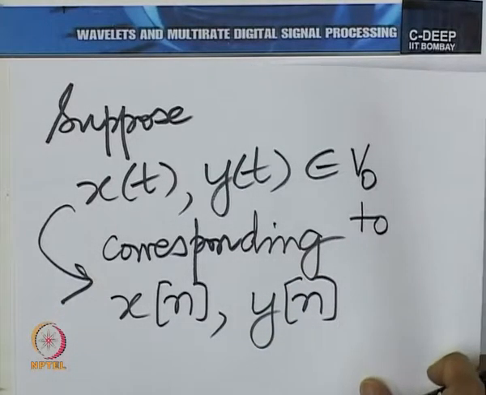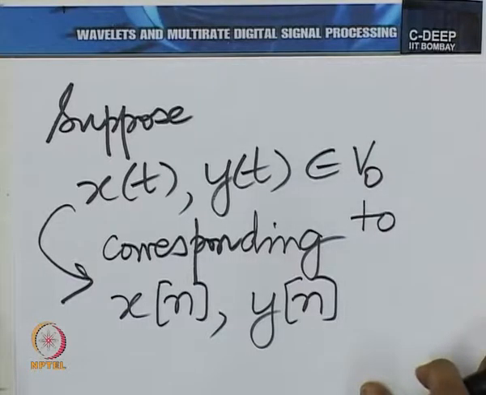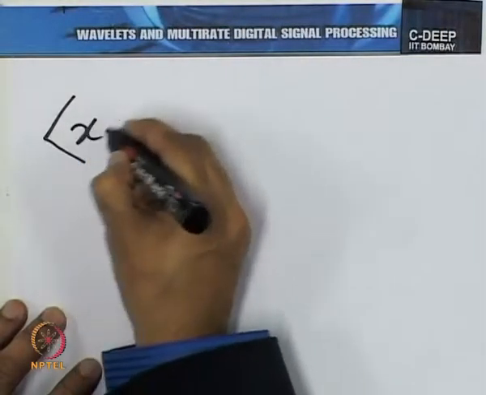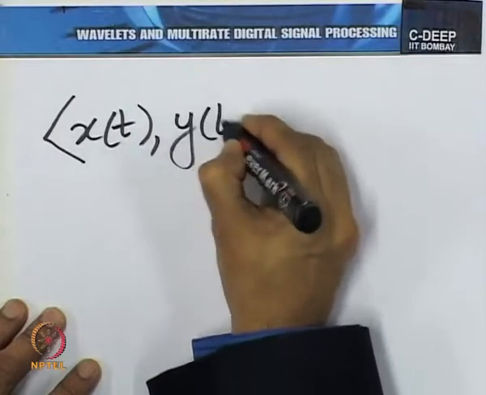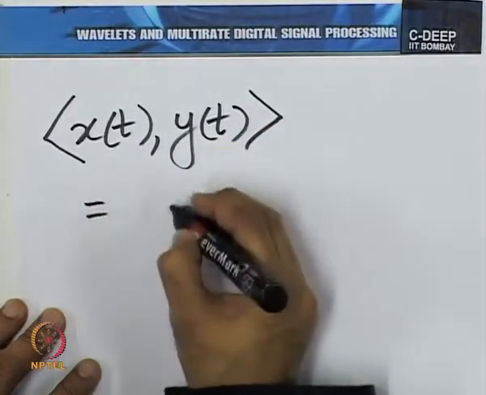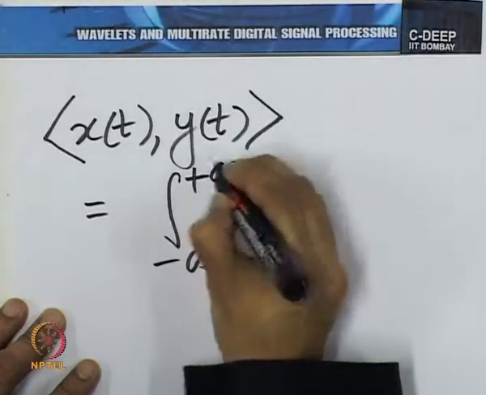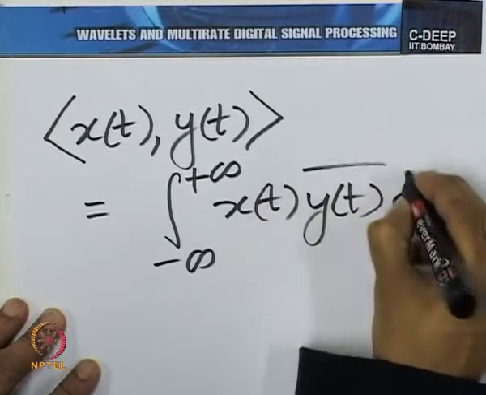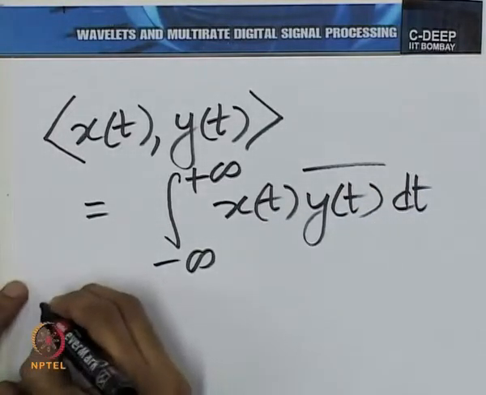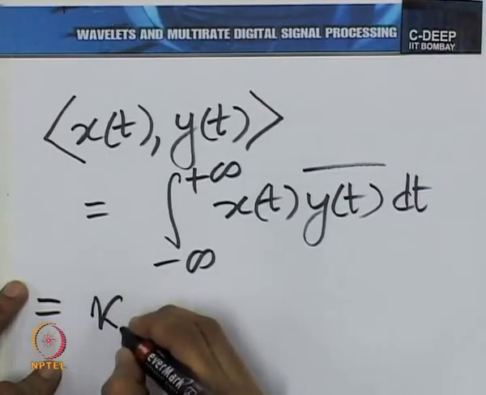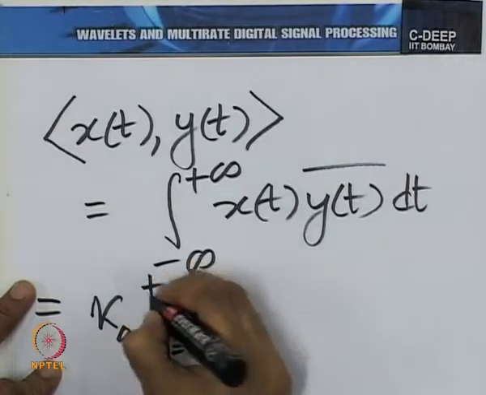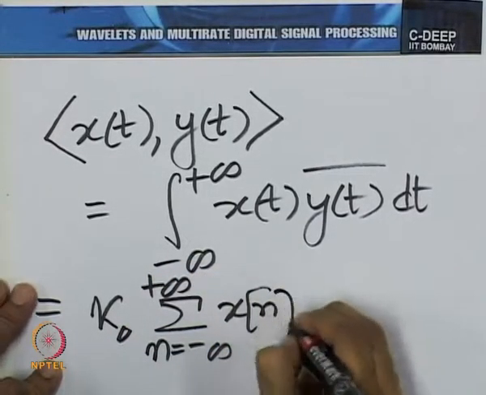Then the dot product, the inner product of x(t) and y(t) understood on the continuous time axis, which is of course given by the integral from minus to plus infinity of x(t) y bar(t) dt, is some constant times the summation, n going from minus to plus infinity, of x[n] y[n] bar.